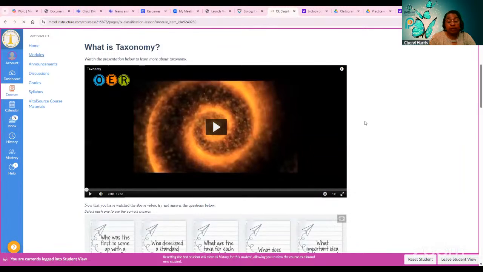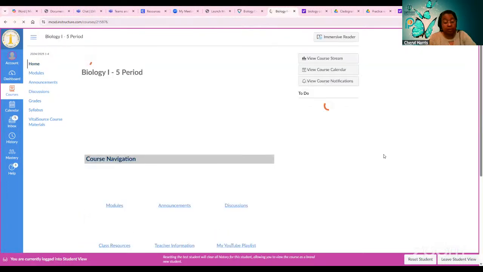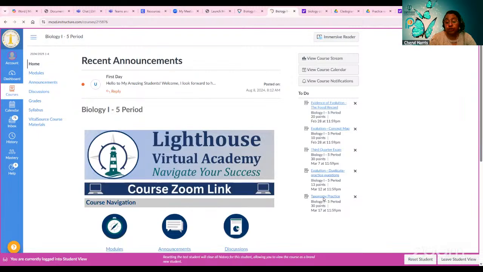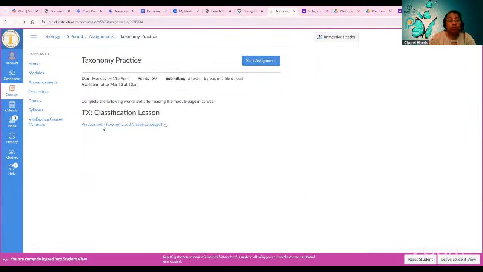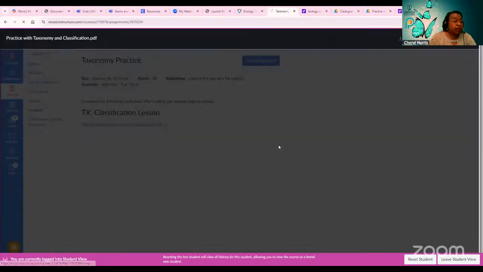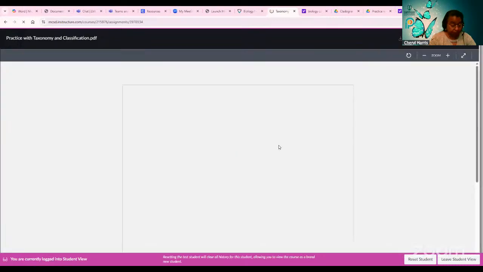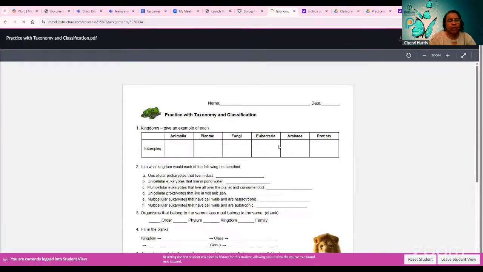And then on your home page, on your to-do list, it says taxonomy practice. So you want to click on that. You want to download that worksheet, and you want to complete this worksheet.